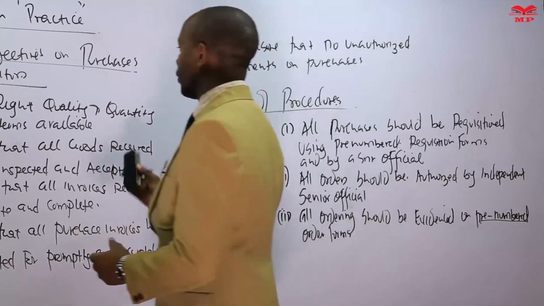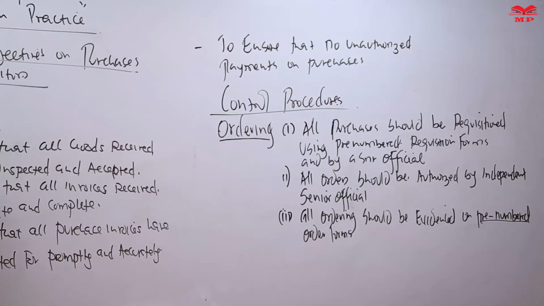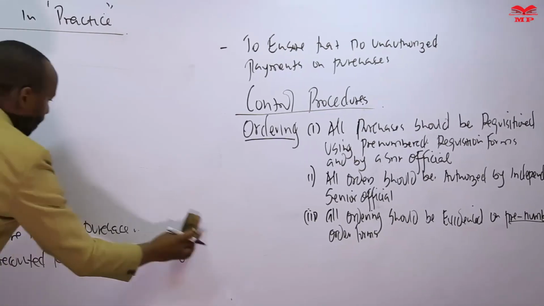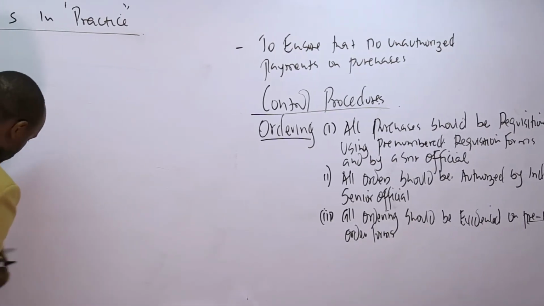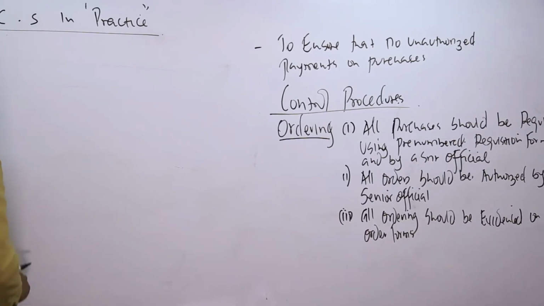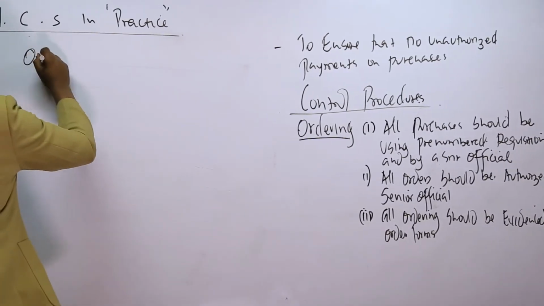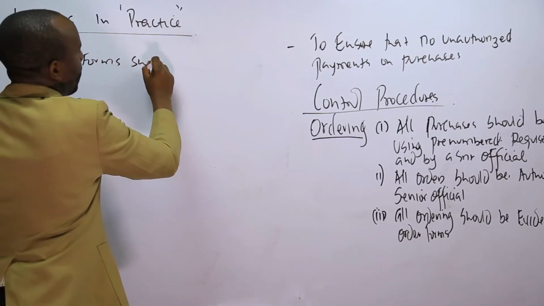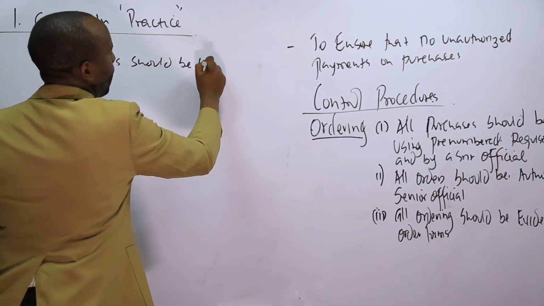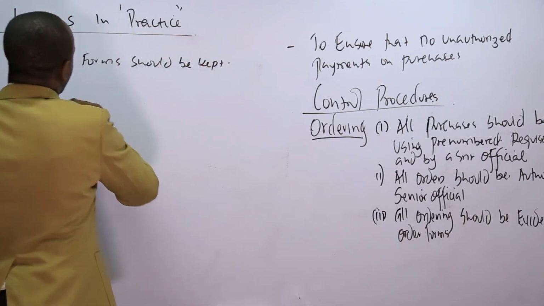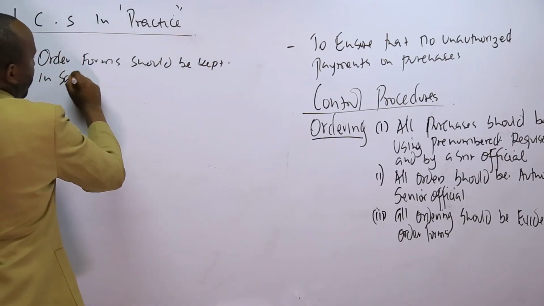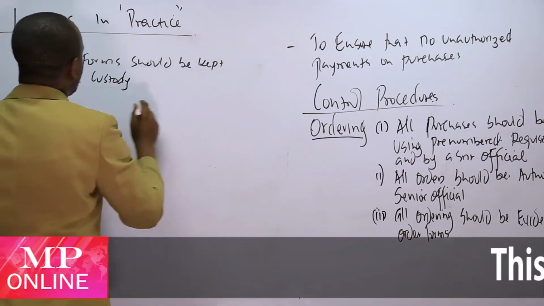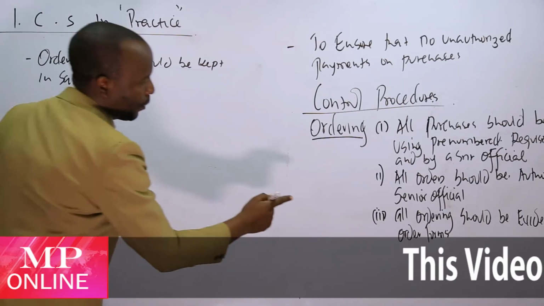So I'm going to introduce still more on the ordering. Remember, we are still on ordering before we go to receipt of goods. So we say order forms should be kept in safe custody. We do not want order forms to be stolen in a company. That becomes my point number 4.